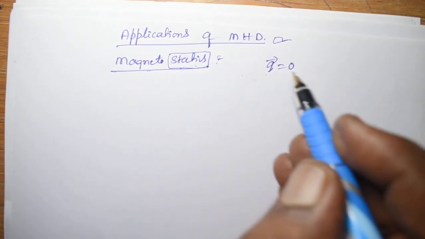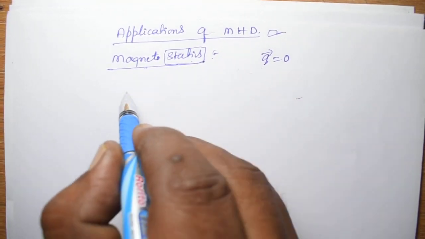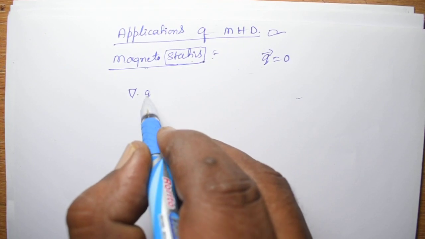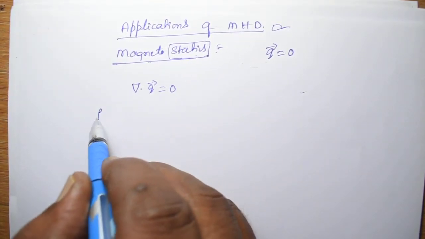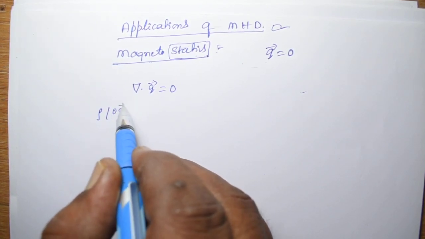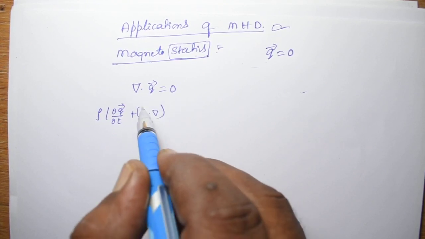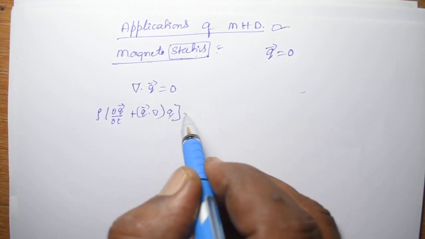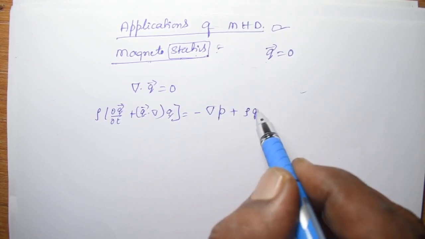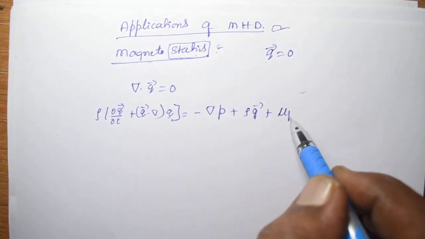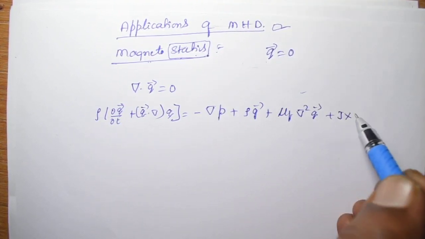As you know, in MHD the basic equations are the continuity equation, del dot q is equal to 0, and the momentum equation, rho into del q by del t plus q dot del of q is equal to minus gradient of p plus rho into g plus mu f into del square q plus j cross b.